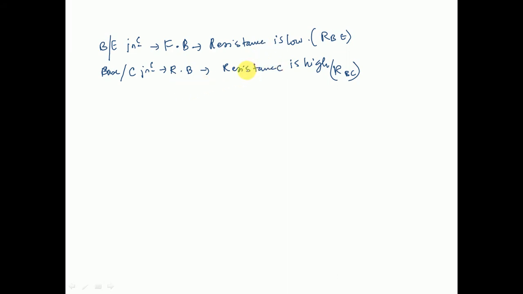If you know the power formula, then you can write the power dissipated for the base emitter junction, which is forward biased, as IE square REB, where IE is your emitter current. Why are we taking IE and not IB?